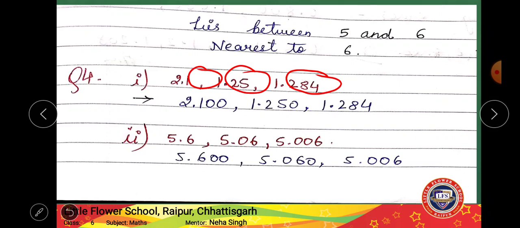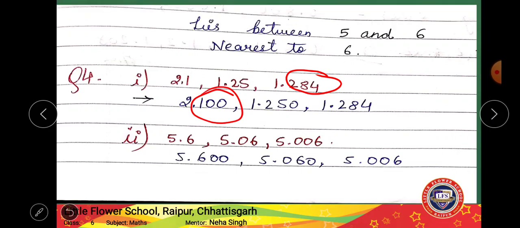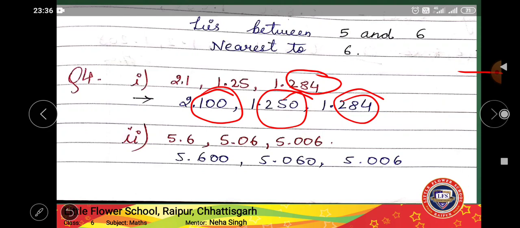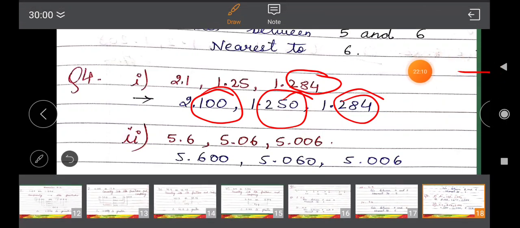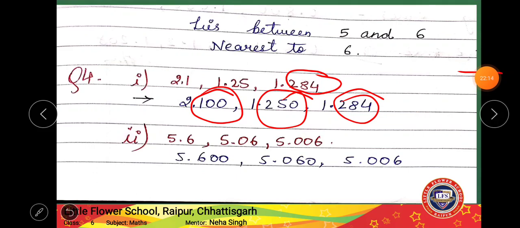So this is 25, we need to add only one 0, so 1.250. Here it is only 1, right? So we need to add 2 zeros. So now 3 places of decimal, 3 places of decimal and 3 places of decimal. So now are they equal? Yes, right?